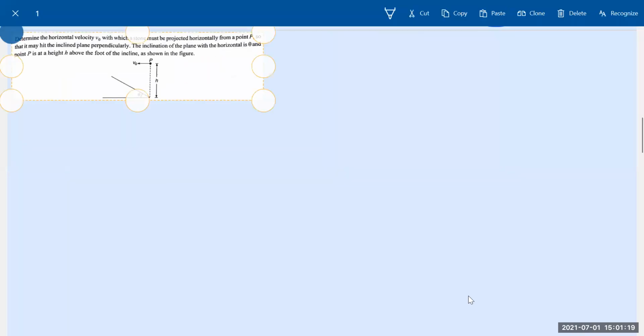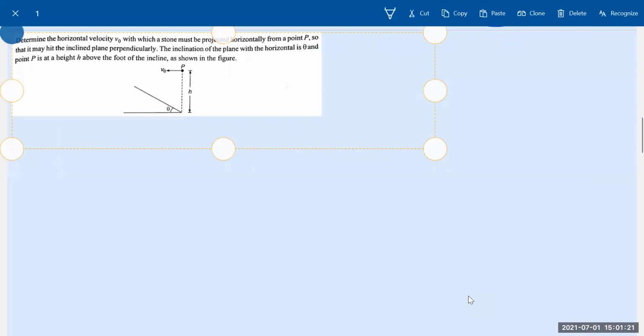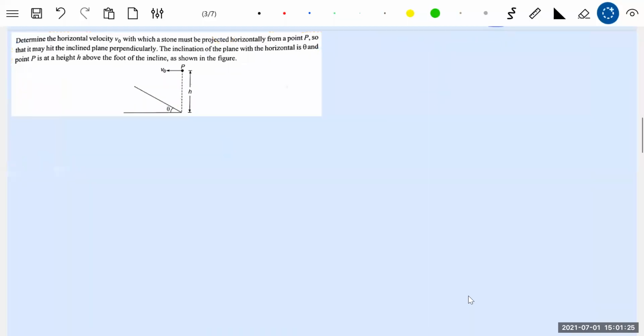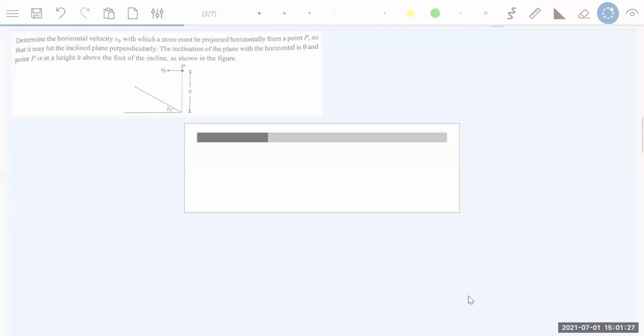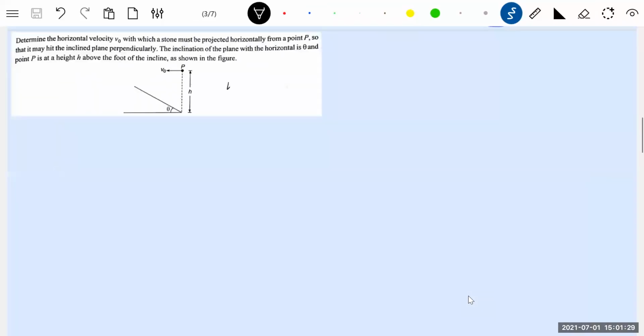I'll increase the size. Theta given is 30 degrees. Okay, now solve this.